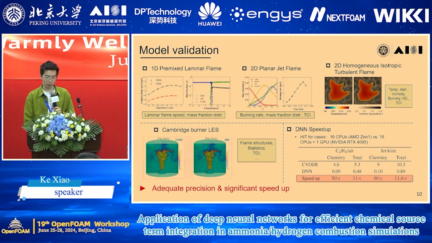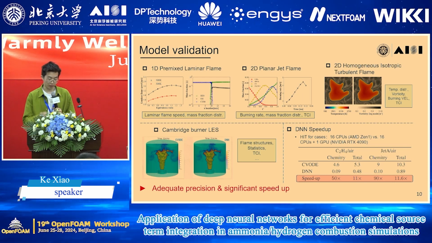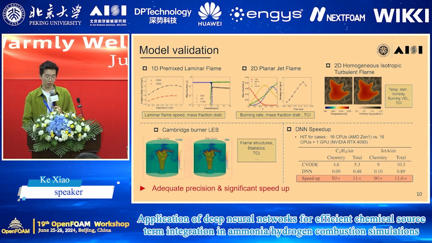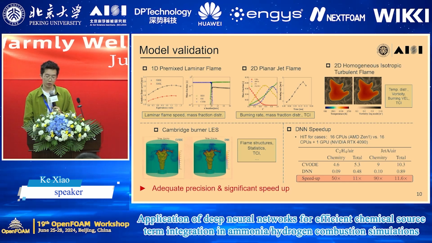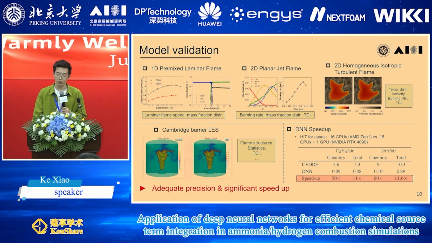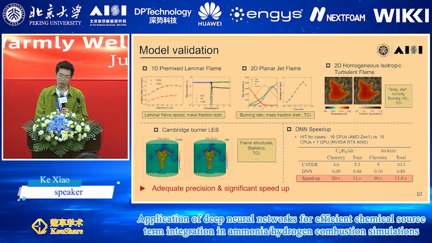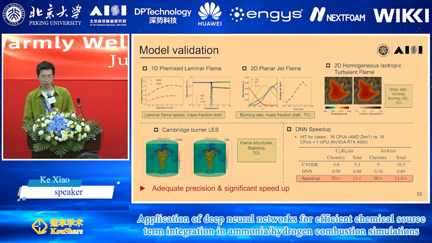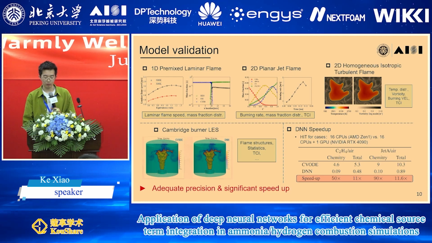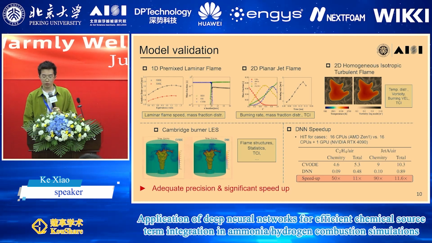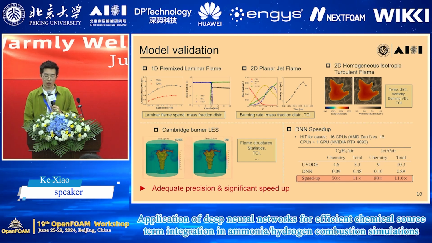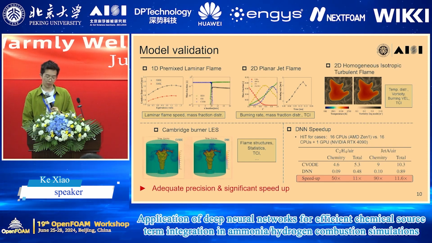Also, in previous works, we validated against a full-scale LES of the Cambridge burner. For a glance at computation speedup, we compared the performance using 16 CPUs versus the addition of one NVIDIA GPU for mechanisms involving 24 species of ethylene, 41 species of kerosene, and 19 species of methane. The results demonstrate that our method ensures adequate precision while significantly speeding up computations.